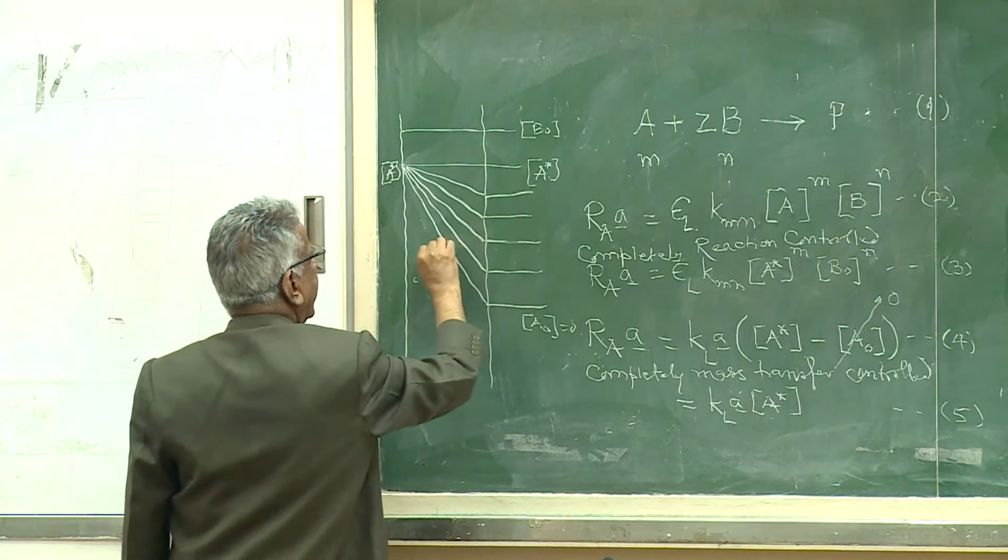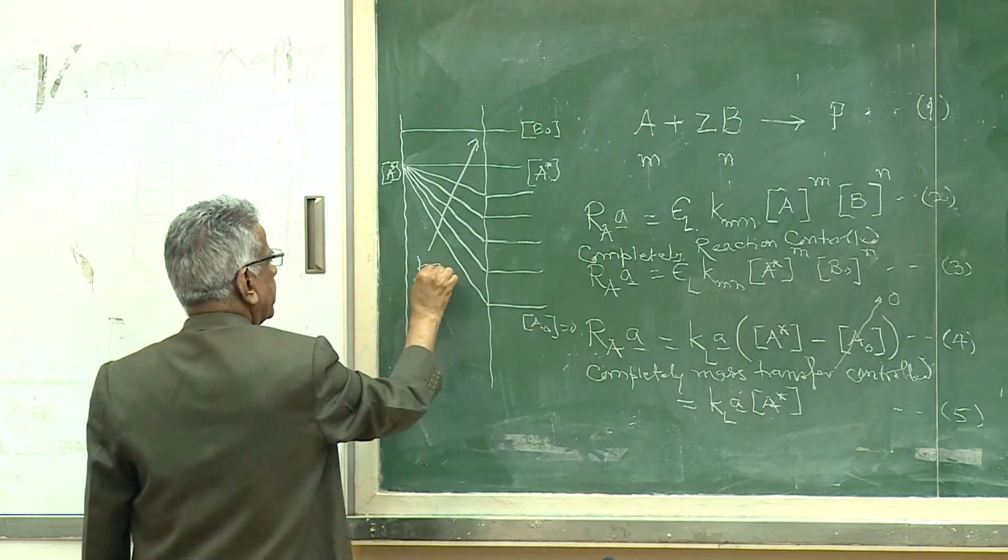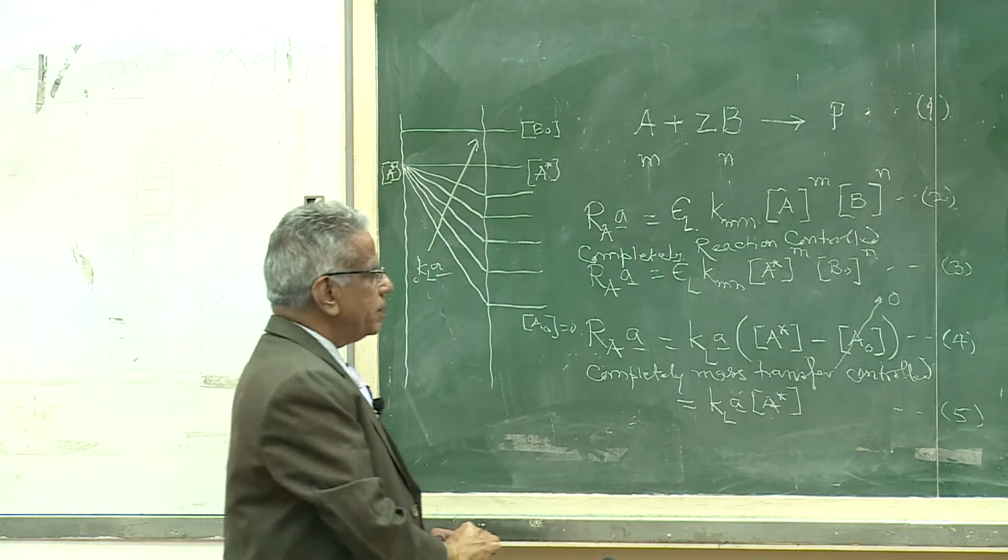So, the value of A naught keeps on increasing as you increase KLA, right.